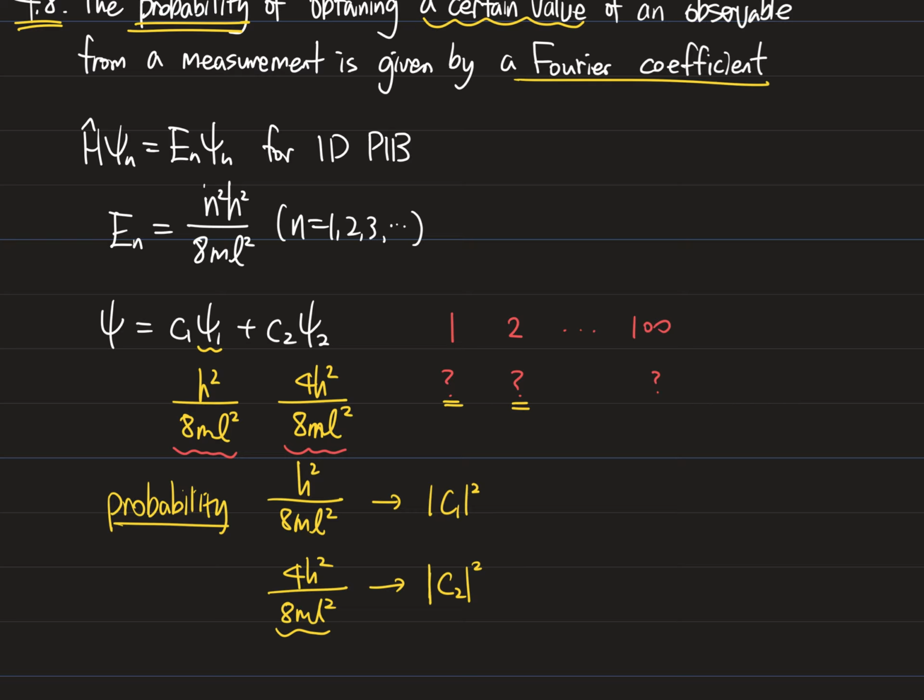So when the system is in a superposition of many different eigenstates, we cannot predict the value from a single measurement, but for a large number of measurements, the probability is related to the coefficients.